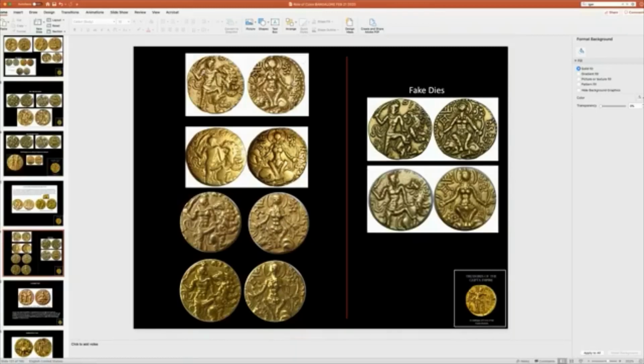So we know that this is made by a different craftsman, and this is most probably not a modern creation. The modern creation is right here on the right. And you can see when you compare this style to this style, there is a big difference. This is a modern creation.